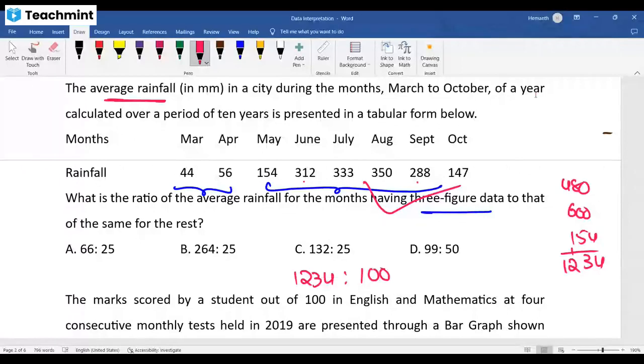Is it 1234 or any other value? Remaining all. Yes? 1584. Where I did wrong is 480, correct? This one 600. Correct. 1584. Okay.